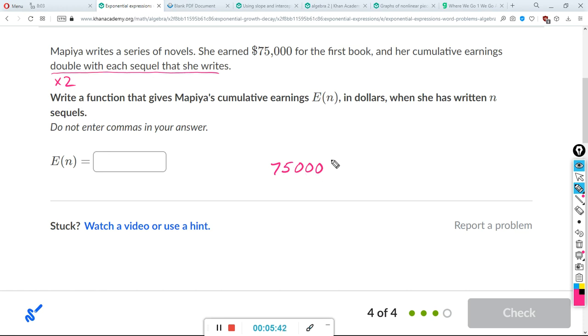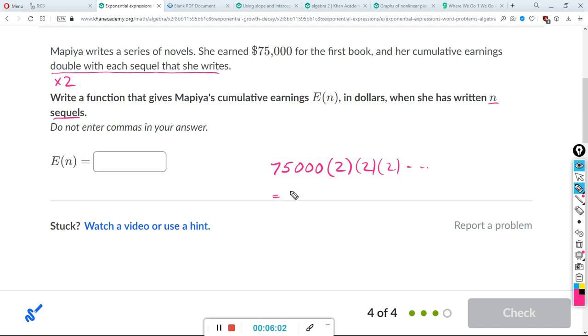So 75 grand gets multiplied by 2. And n is the number of sequels. Okay, so it doubles each time she writes a sequel. So it's 75 grand times 2, times 2, times 2. It doubles every time.